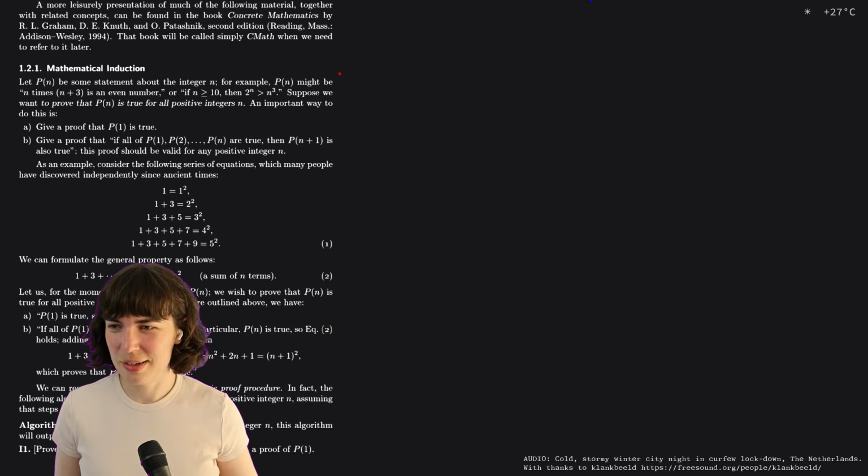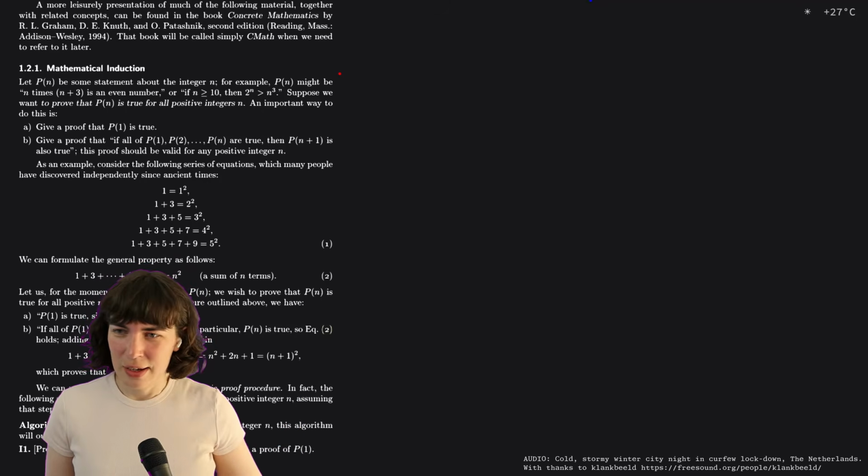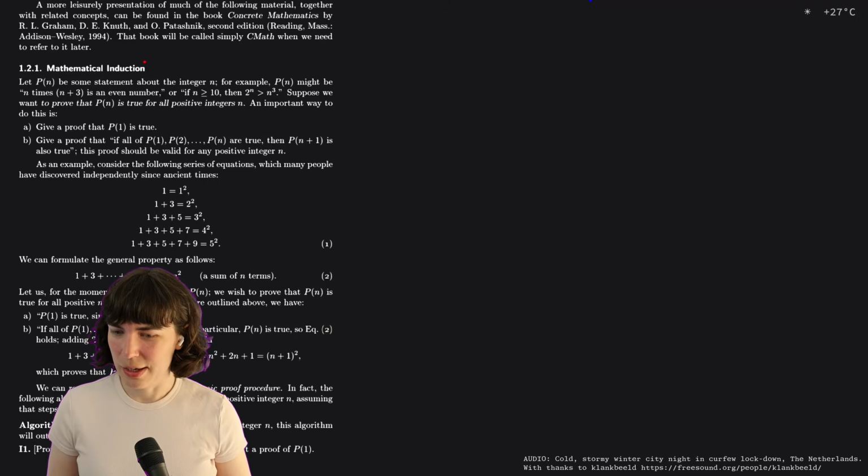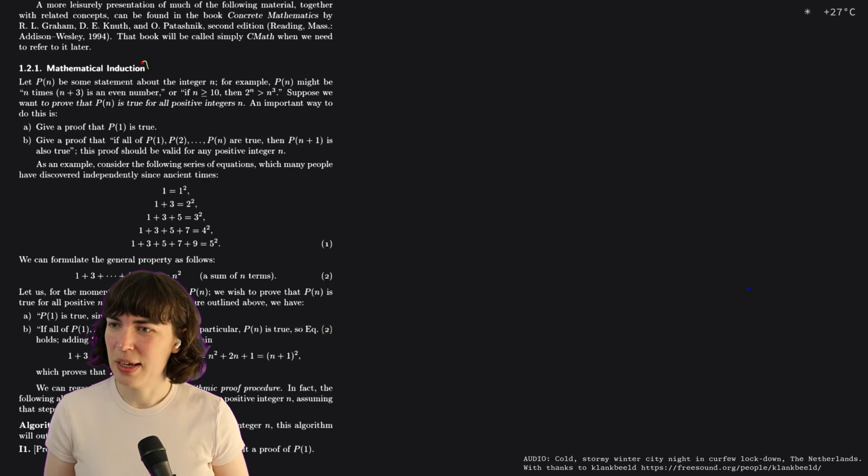Somewhat cursed, also. So when I was first reading this chapter, with mathematical induction, this section here, I had no idea what this was doing at all. Well, I sort of did.